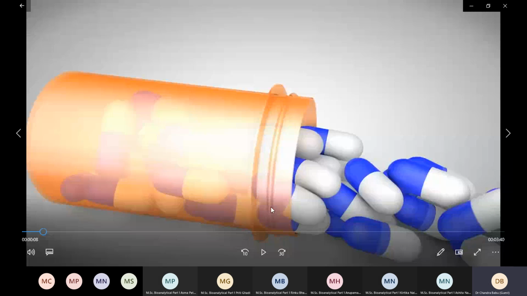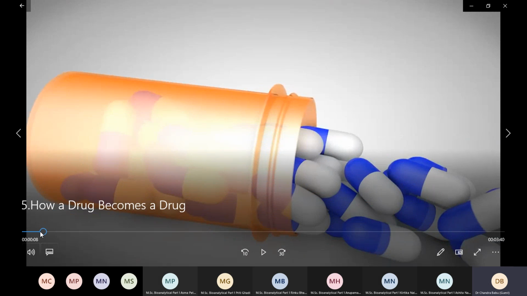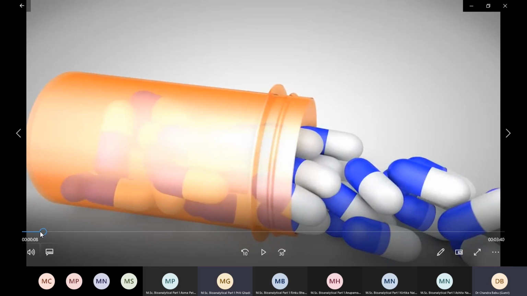Can you see the screen now? Because it's showing presenting on my screen. It's a container with tablets coming out, that's what is visible on the screen. Are you able to see? Hello? Yes, sir. Okay, madam.